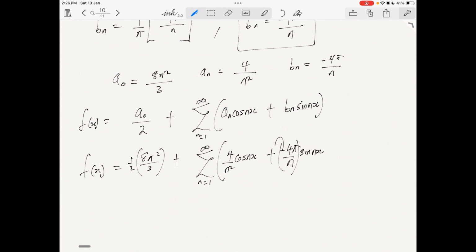Now, since we multiply plus by minus to give minus, we can just change these two to give minus.